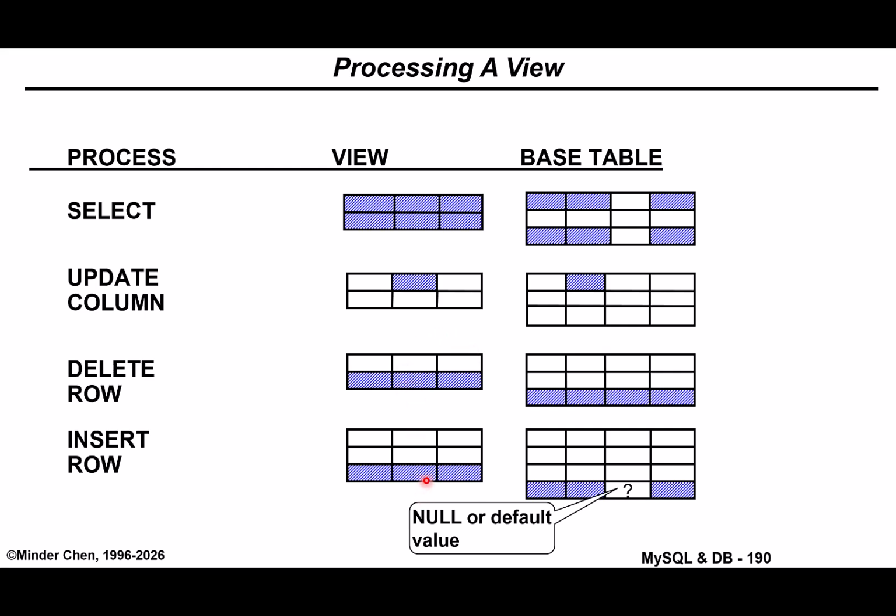And for insert, for instance, if you insert into this view, which does not include the third column, then as long as this third column allows null values or has a default value, we're fine. We just assign a null value or the default value of the underlying base table.